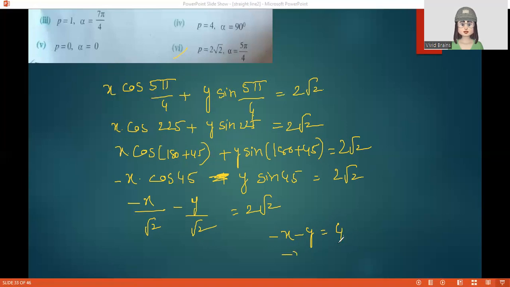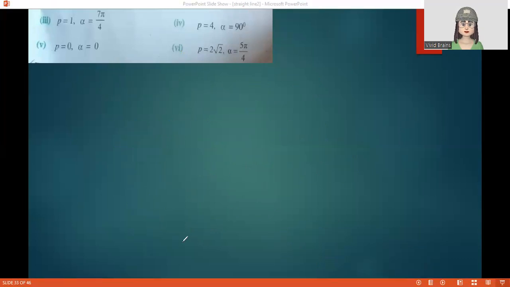So, minus x minus y minus 4 is equal to 0, which implies x plus y plus 4 is equal to 0. This is the final equation of our given p-value and alpha value. Got it? Yes. Let us move to the next question.